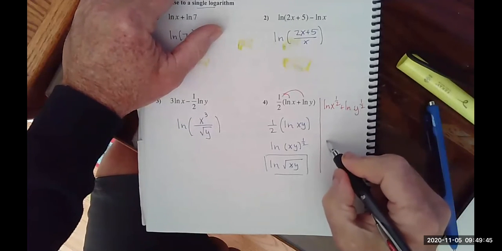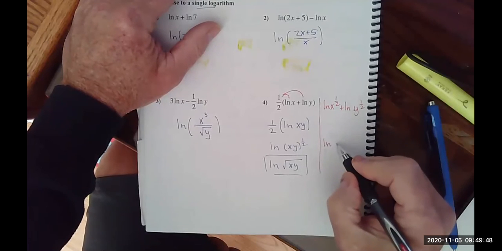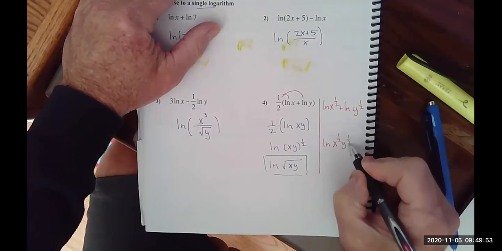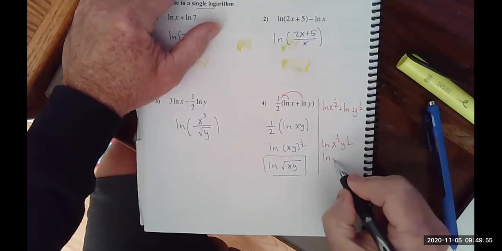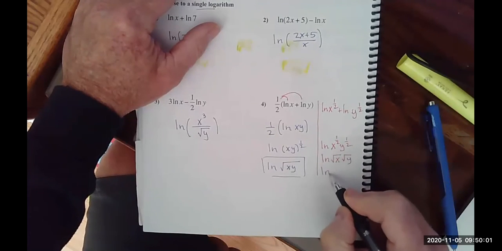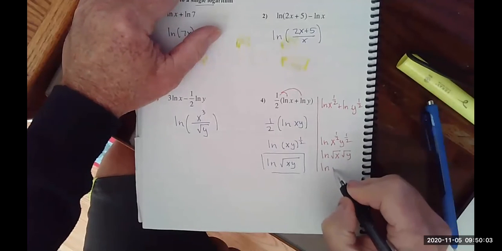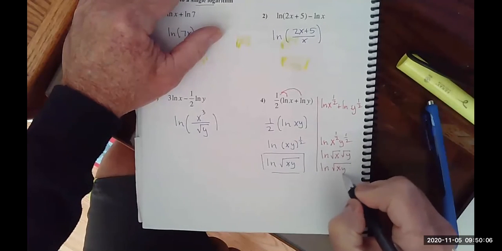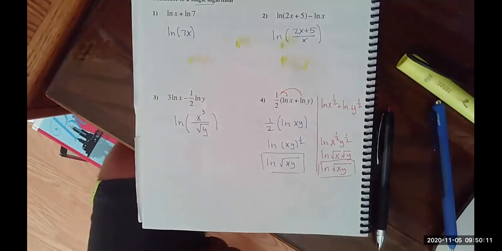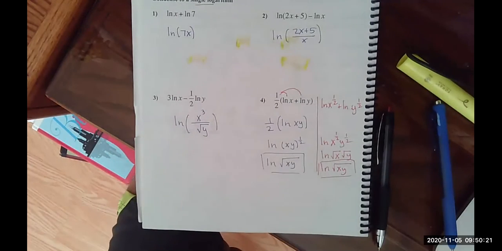Why couldn't it be ln of x to the 1/2 times y to the 1/2, ln square root of x times square root of y? It turns out to be the same. I don't know if that's always true. Could be interesting. I'd have to think about that. I thought maybe you can't do that, but I think you can now. But I did it this other way here.